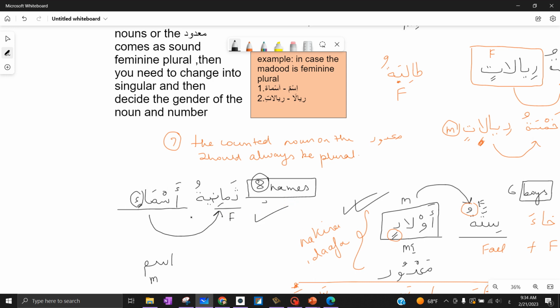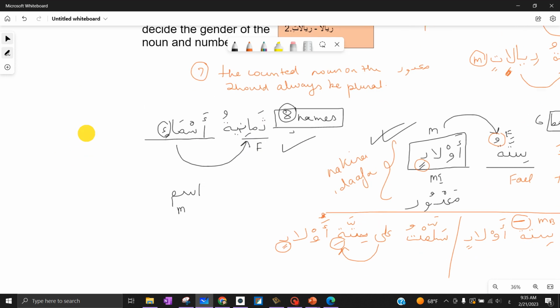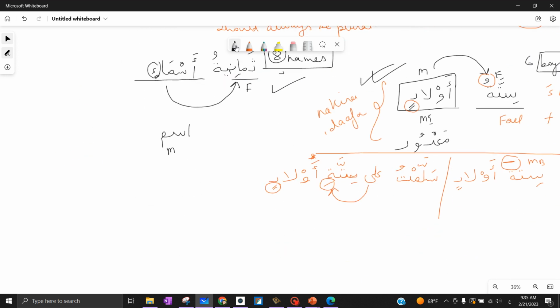Now this was the male counted nouns. Now if I tell you about the feminine counted nouns, that is talibat. Now I take 8 female students.